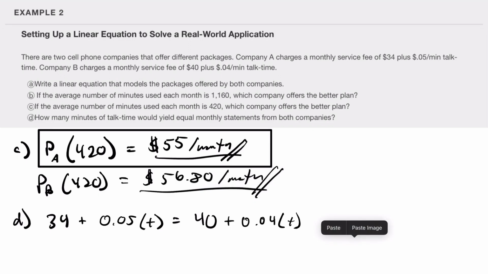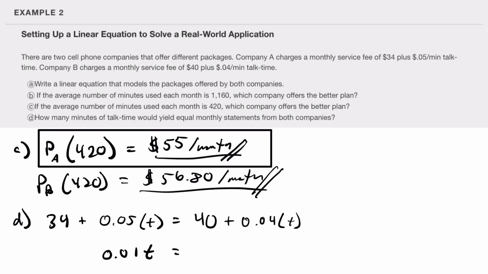Okay. So I'm gonna, any term that has the t, I'm gonna move it to the left. Any term that does not have t, I'm gonna move it to the right. So I'm gonna subtract 0.04 t from both sides. So on the left, it looks like I'm gonna get 0.01 t.